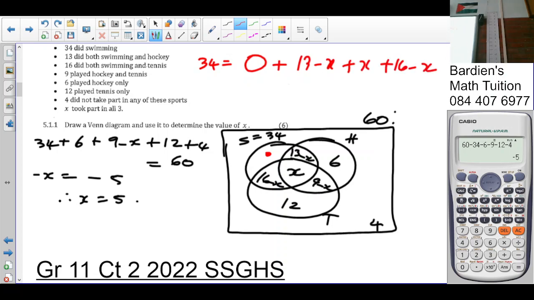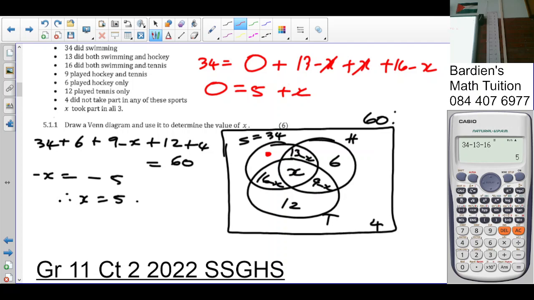So we'll have that unknown is equal to 34 minus 13 minus 16. So that gives us 5. That cancels plus x. So that unknown is going to be 5 plus x.